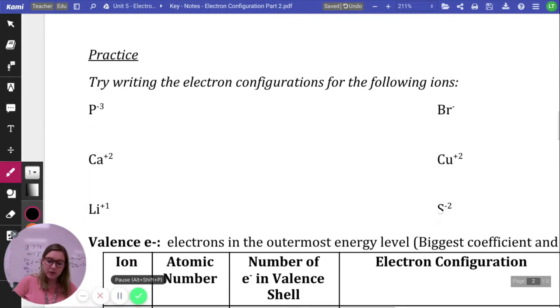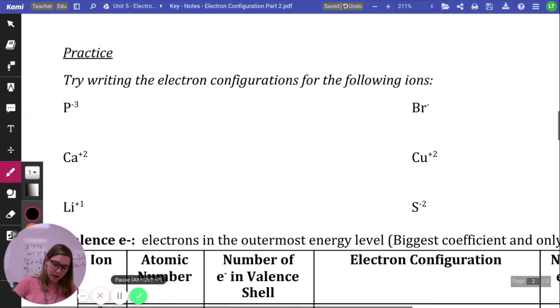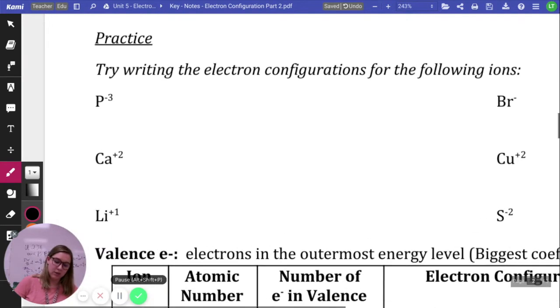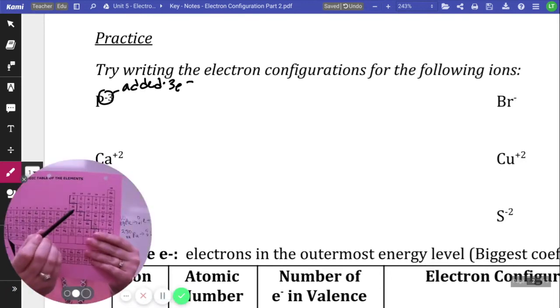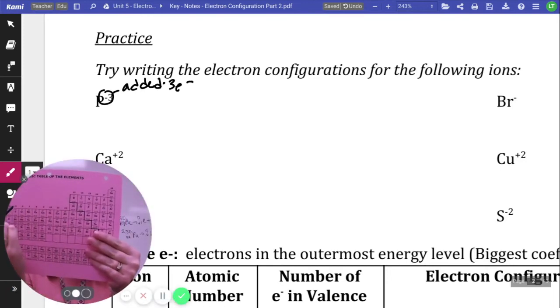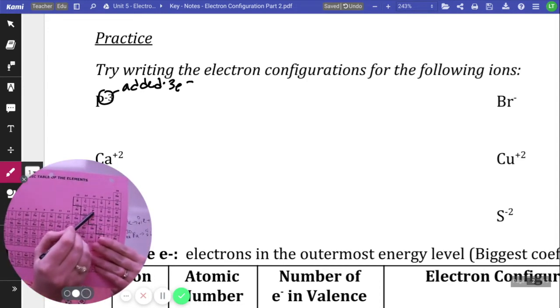All right, so now we're going to practice and write the configuration for the following ions. For our first one, we have phosphorus with a -3 charge. So -3 tells me that it has added 3 electrons. All right, so if I look at phosphorus on my periodic table, it's right here in period 3.